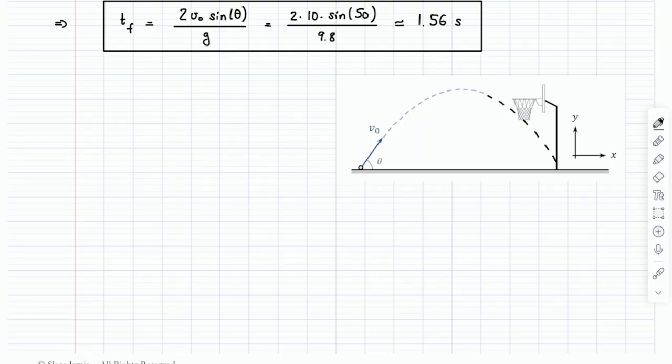The next question says, how much time does he spend at a height greater or equal to 3/4 of y max? Okay, so here's not a very classic question. All the questions that we've done so far, finding the max height, the time of flight, even finding the range, are very classic projectile motion questions. But this one is kind of unique to this problem.